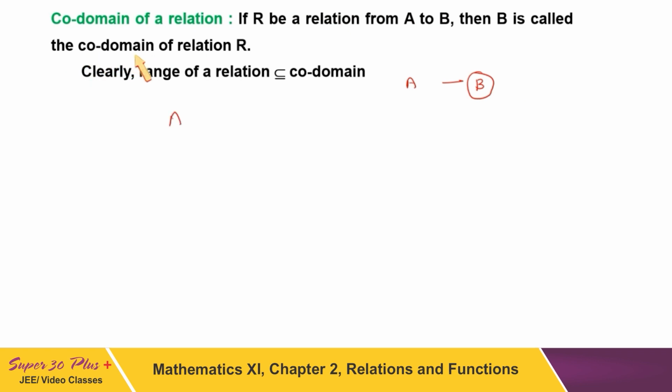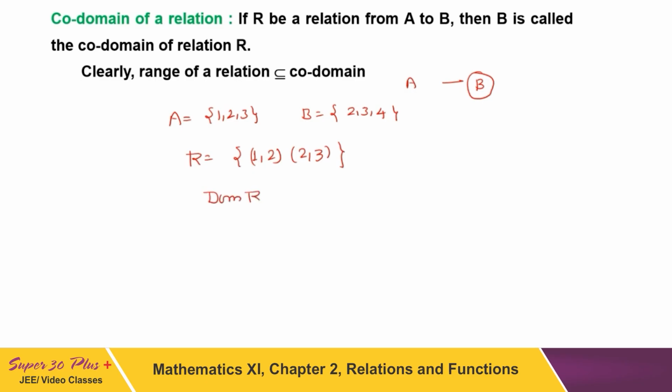Let A be {1, 2, 3} and set B be, suppose, {2, 3, 4}, and the relation is given like this: {(1, 2), (2, 3)}. Got it? Then what will be the domain of the relation?